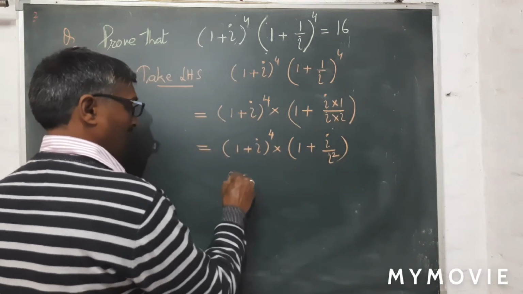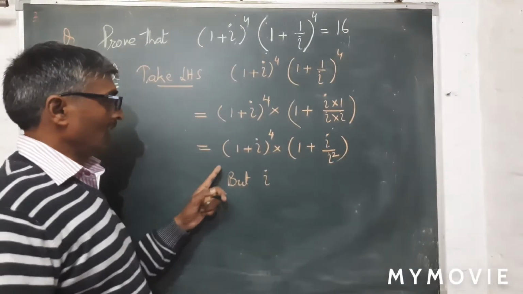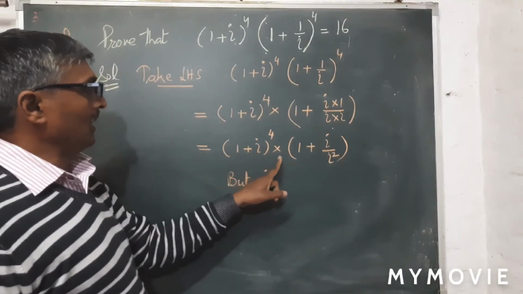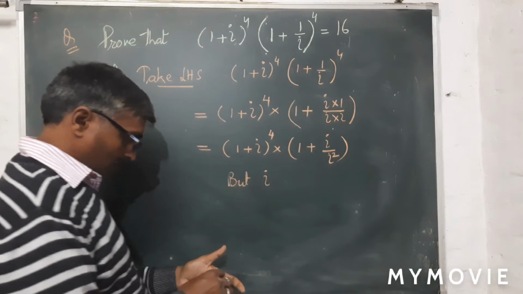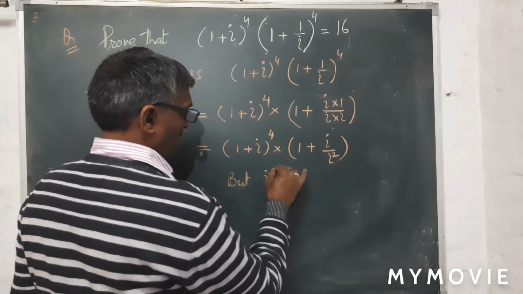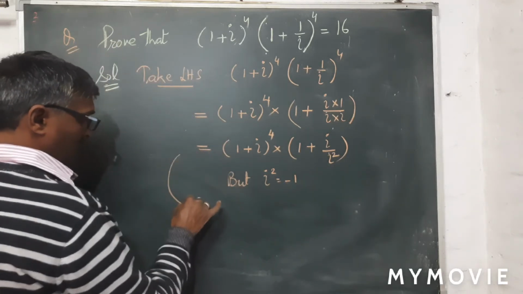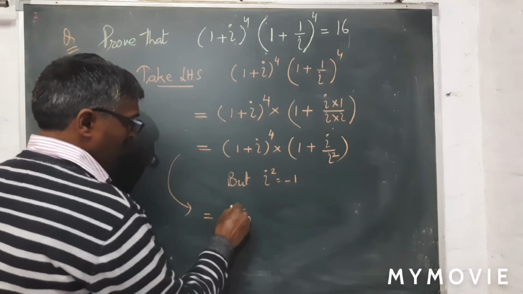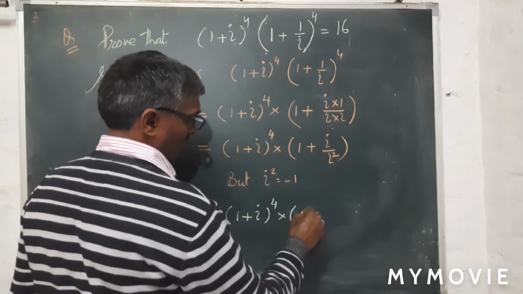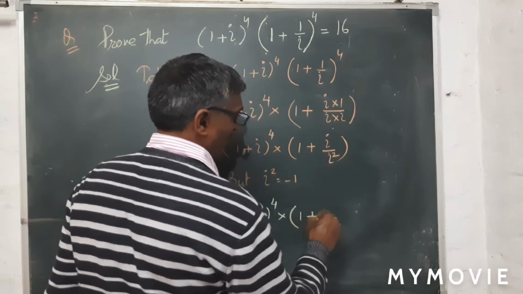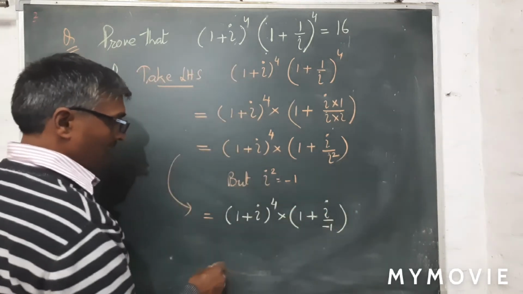What is iota square? Iota square is equal to minus 1. Therefore, 1 plus iota to power 4 into 1 plus iota upon minus 1. Why minus 1? Because iota square is equal to minus 1.